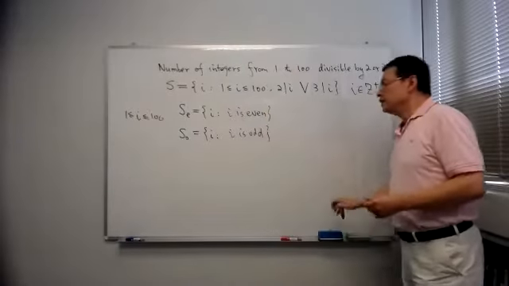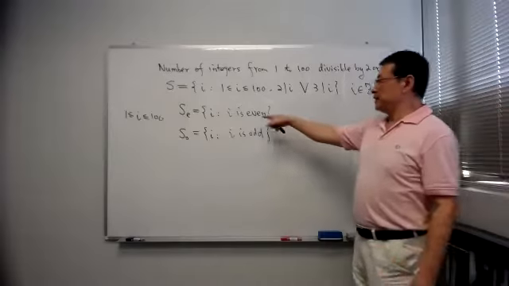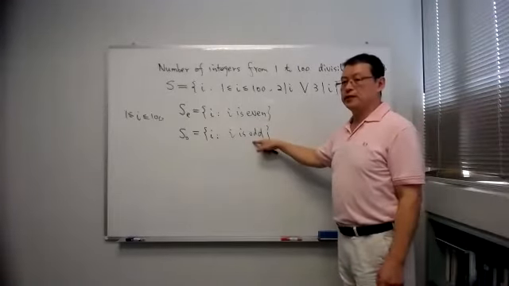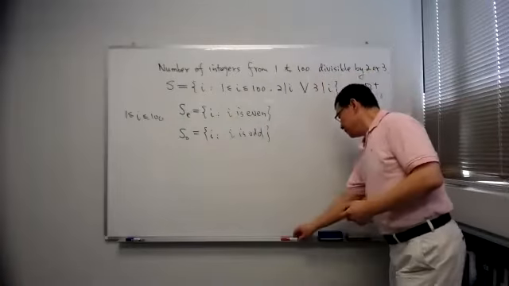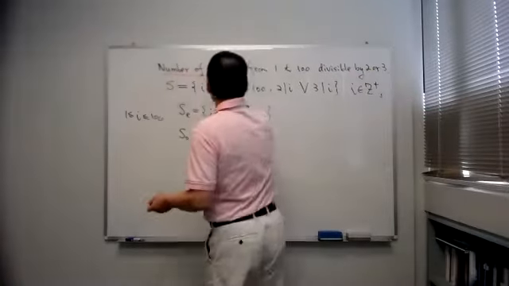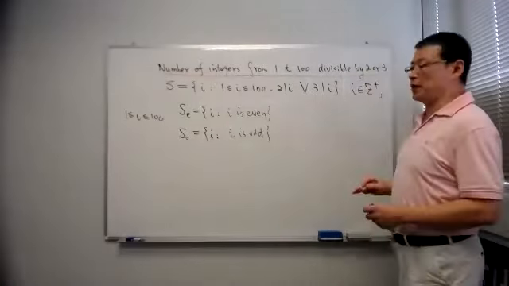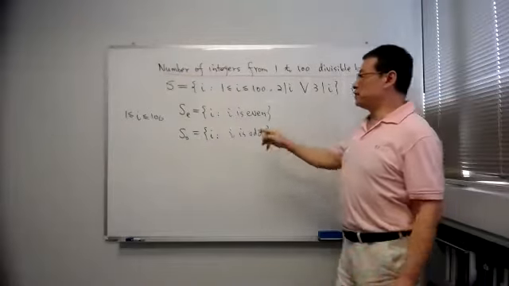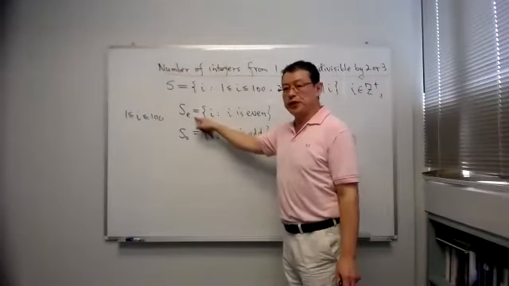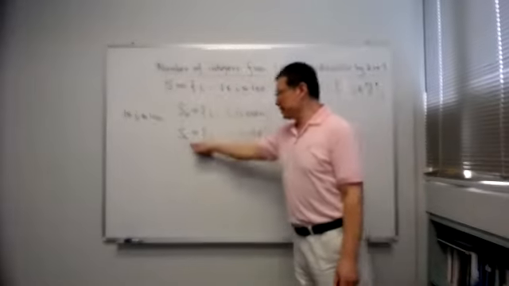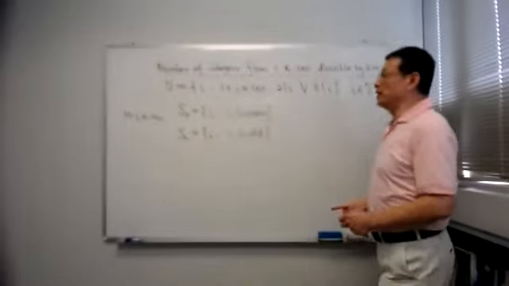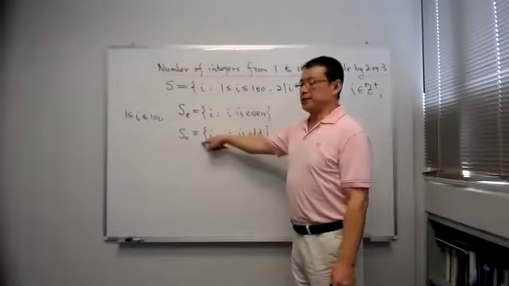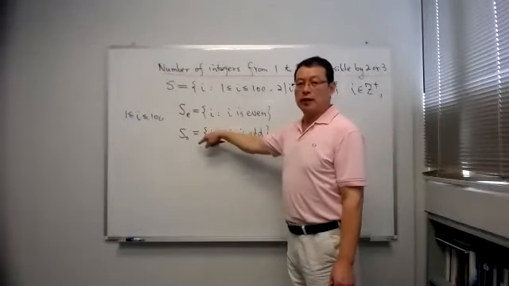So we consider even numbers and odd numbers. The number of integers divisible by 2 or 3 will equal the number of integers inside here divisible by 2 or 3, plus the number of integers inside here divisible by 2 or 3. So the total number will be counting this one plus this one, using the sum rule.